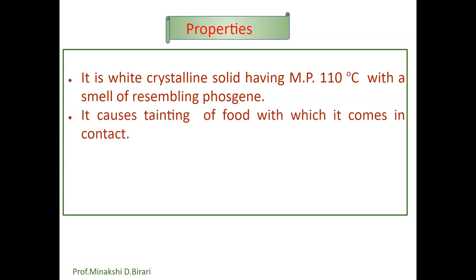It causes tainting of food with which it comes in contact. It acts more rapidly than DDT. It is stable to air, heat and light. It is applied as a dust, emulsion, granules or as a water dispersion. So these are the properties of benzene hexachloride.